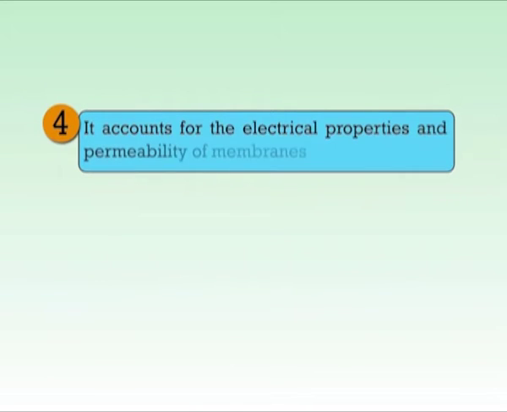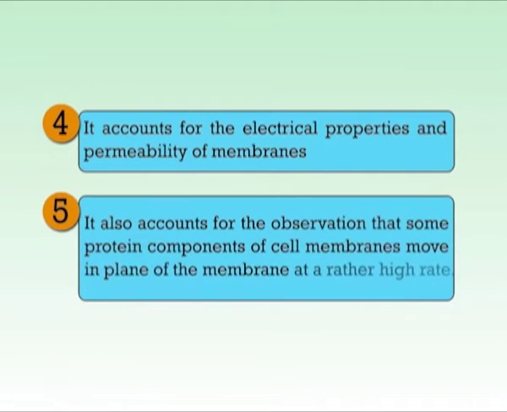Fourth, it accounts for the electrical properties and permeability of membranes. And last, it also accounts for the observation that some protein components of cell membranes move in the plane of the membrane at a rather high rate.